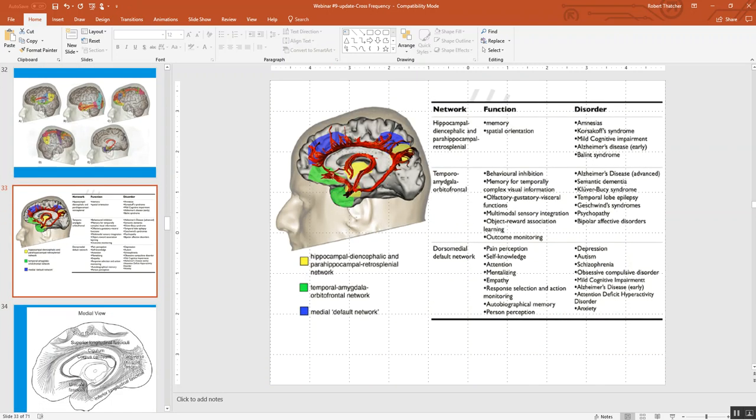Now, I'm not going to go into the details of this. This is in the atlas by Catani. They're able to show that there are certain core clusters that are related to different disorders: psychopathy, Alzheimer's, amnesias, autism, schizophrenia, depression, anxiety, attention, etc. So this is a very interesting book, atlas, to read for those of you that are interested in learning more.